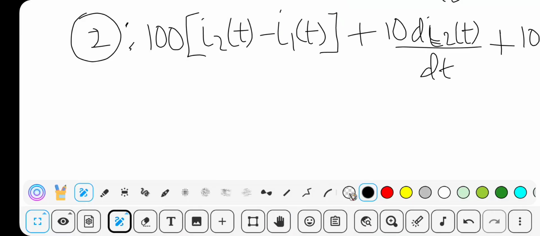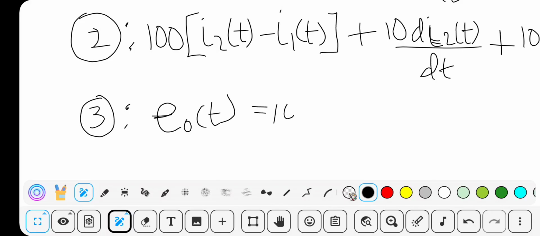The third equation becomes equal to 100 I2(t).